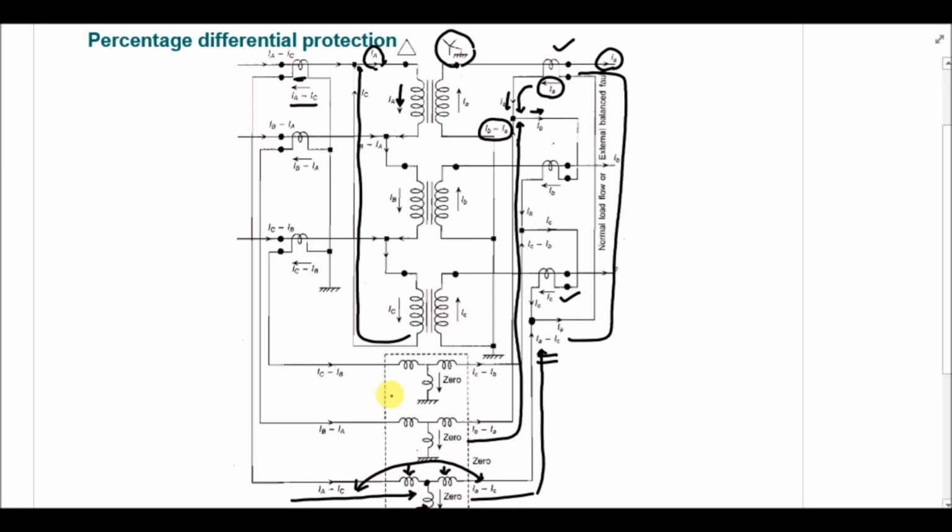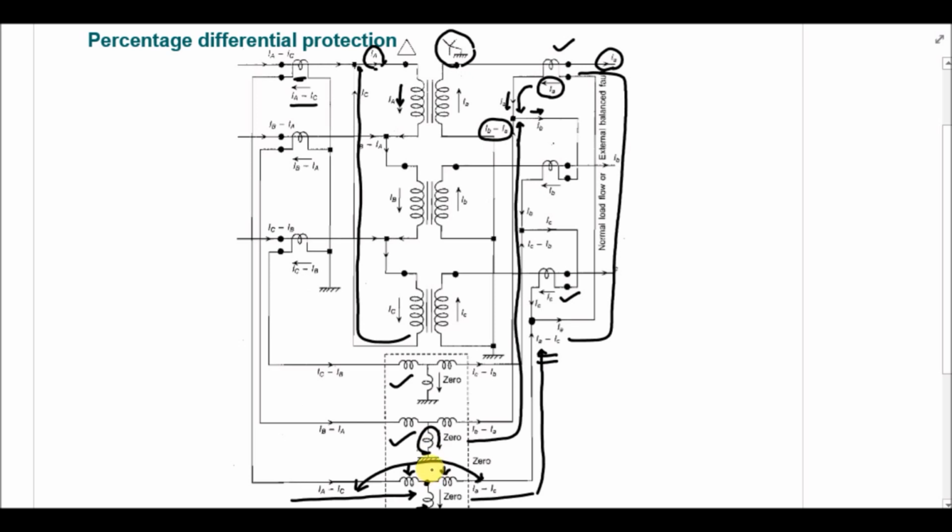Similar is the case for these two differential relays. So if these two currents are equal, then there will be no spill current that will be passing through the operating coil of the differential relay. But if it is not equal, then the relay will operate.